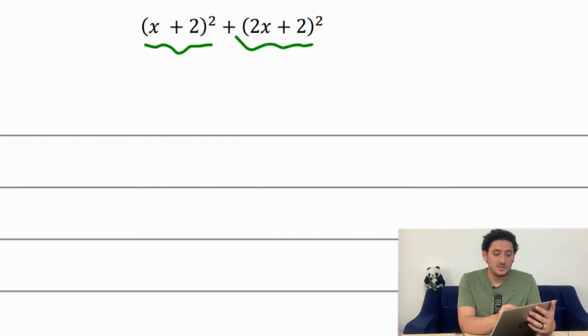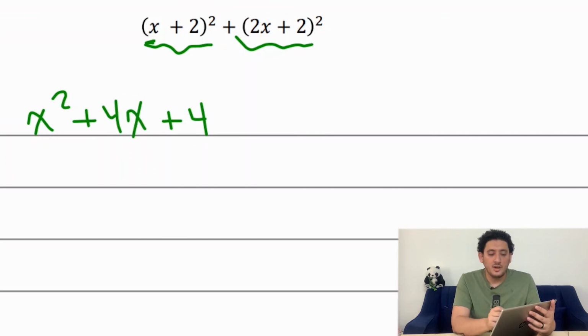We will say the first term power 2 means x squared. The second term will be power 2, it means 4. X multiply 2 multiply 2 means 4x. After that, we will expand the second bracket, 2x plus 2 all squared.